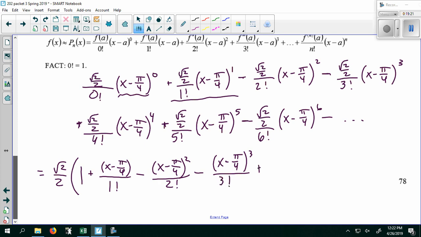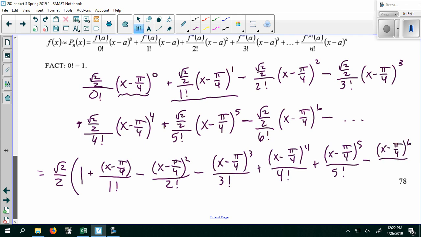And I switch back to plus x minus pi over 4 to the 4th over 4 factorial plus x minus pi over 4 to the 5th over 5 factorial minus x minus pi over 4 to the 6th over 6 factorial plus dot, dot, dot.